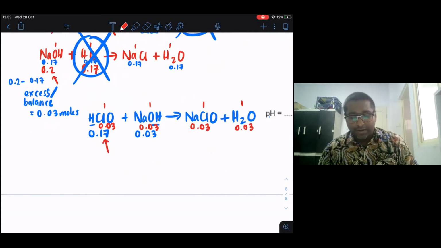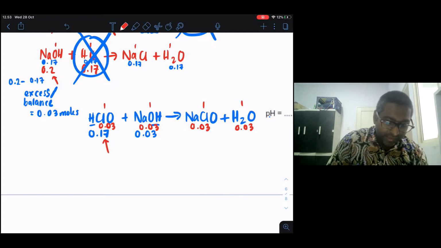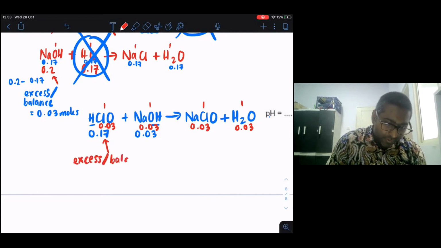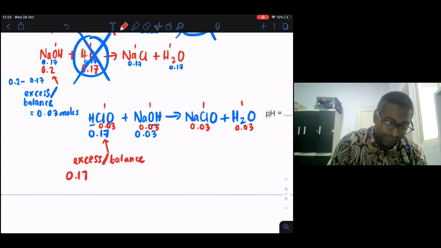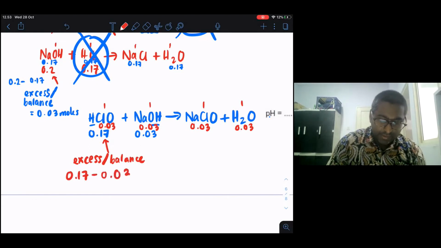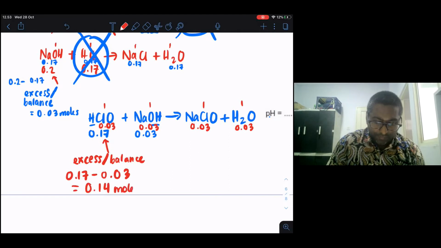So what is going to happen? There is still going to be an excess, or balance, of HClO. How do I get the balance? 0.17 minus 0.03. That's going to be 0.14 moles of HClO.